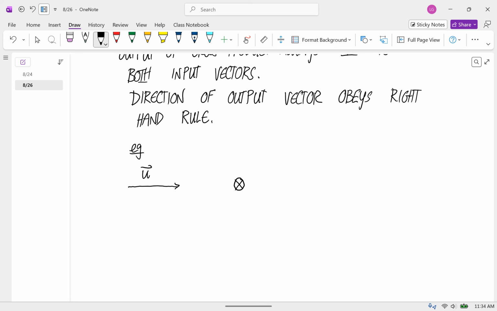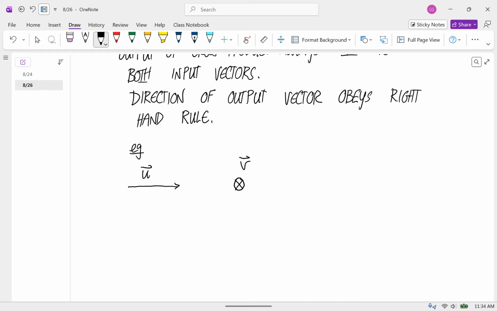I think it's supposed to represent the feathers of the arrow; you're seeing the feathers fly away from you. And when people want to represent a vector coming straight out of the page towards you, they just put a dot in the middle, like you're looking right at the point of the arrow. So let's say this is our vector v.